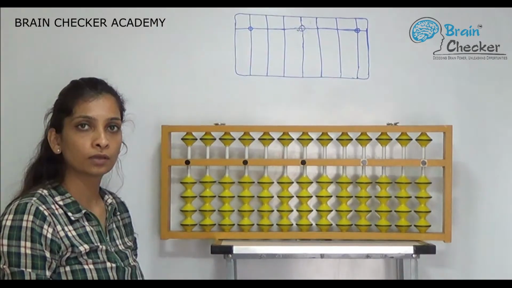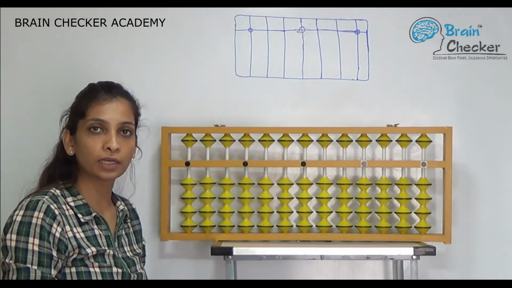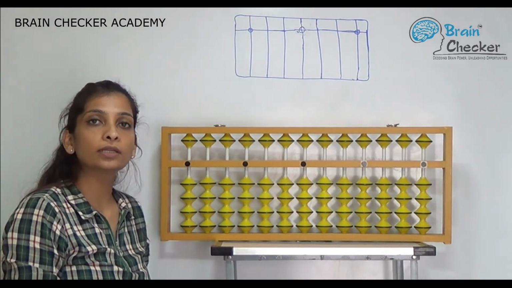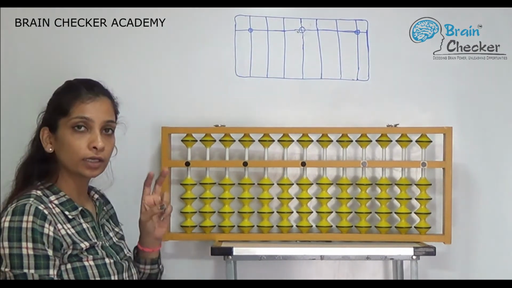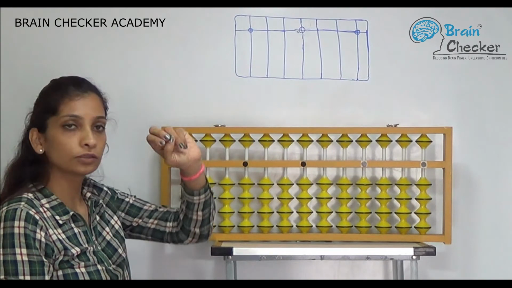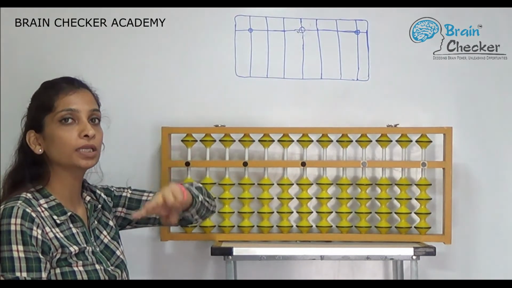Now that we have understood the unit rod till number 9, let's go further and understand the tens rod. For the tens rod, the fingers are different. Now you will use your left hand index finger and middle finger.